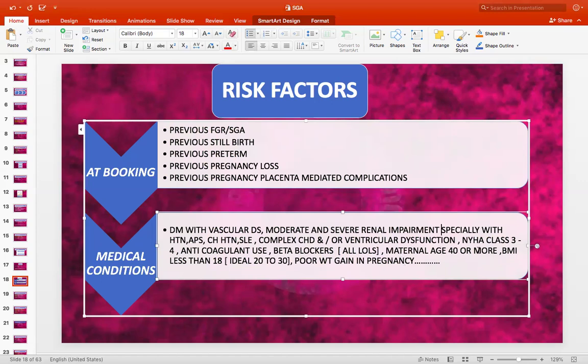Maternal age 40 or more. BMI less than 18, ideal is always 20 to 30. It's not 25.6 or 24.6, it's always 20 to 30, and poor weight gain in pregnancy. Obesity is not a risk factor per se for FGR or SGA. Remember that it's less BMI which is more dangerous. So these are the criteria. Remember that it's less BMI and poor weight gain.